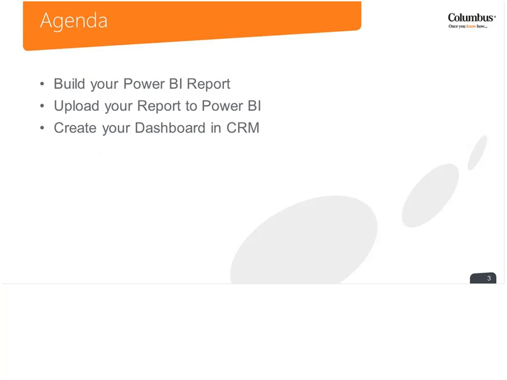So to begin with, we're going to build a Power BI report. I'm not really going to get into the weeds as far as entering data and all of that kind of stuff, and I'm going to show you a few examples of how we connect to things. Once we've gotten a report together, we're going to take a look at how we upload it to Power BI in Office 365.